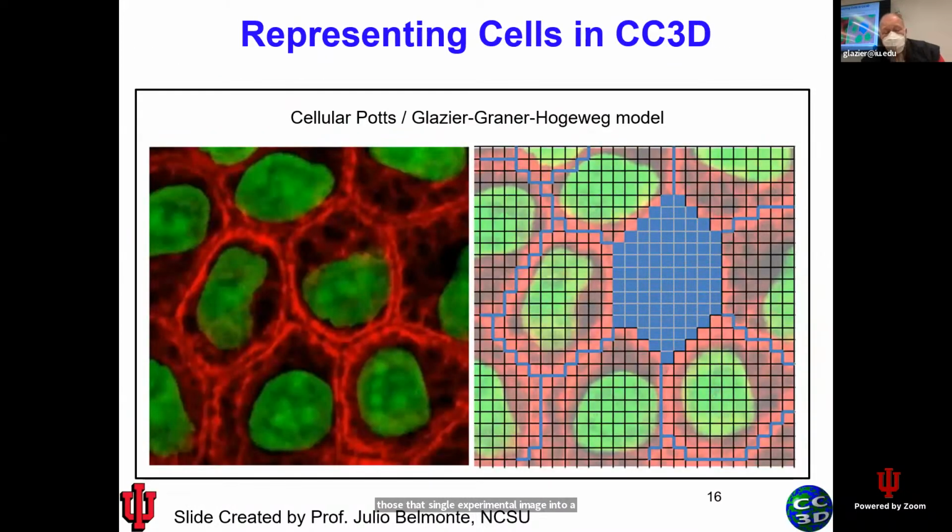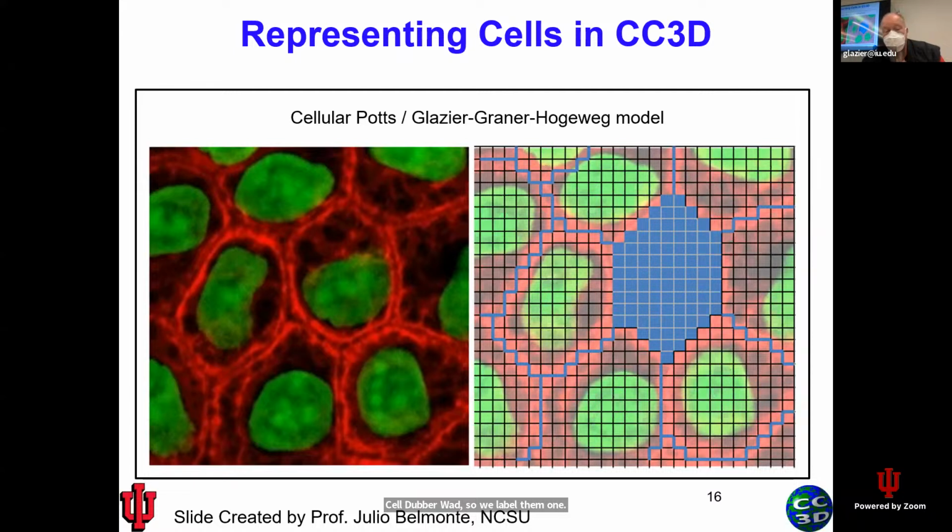In our case, we're going to be using a lattice method, known as GGH or cellular Potts model. In this case, we do, in a sense, the naive thing, which is we say all of the voxels in our photograph belong to cell number 1, so we label them 1. All of the voxels in this region belong to cell number 2, so we label them 2.